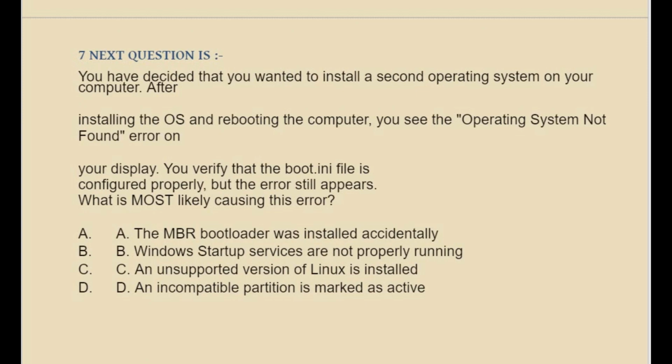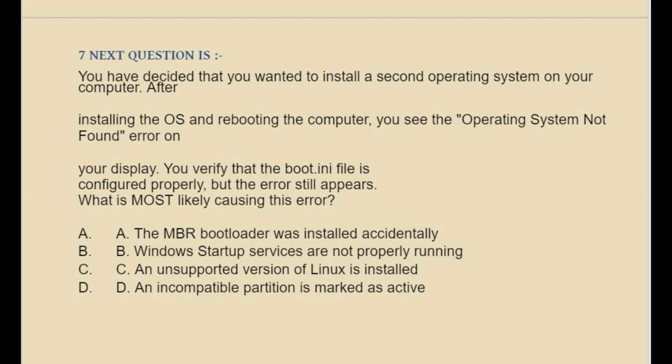Question is you have decided that you wanted to install a second operating system on your computer. After installing the OS and rebooting the computer, you see the operating system not found error on your display. You verify that the boot.ini file is configured properly, but the error still appears.